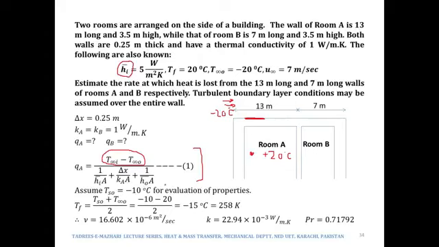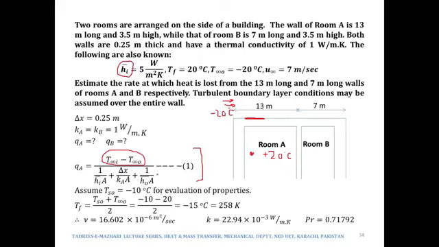So now again the same procedure would be followed, means we will be able to calculate H from an expression of Nusselt number, and in order to have the correct expression of Nusselt number, we must know the type of the flow.